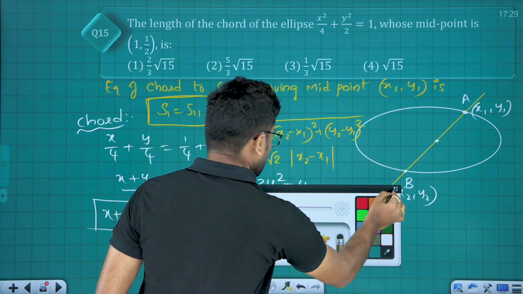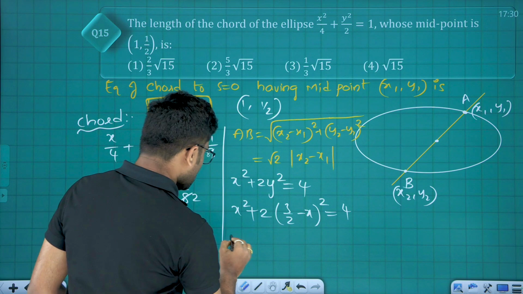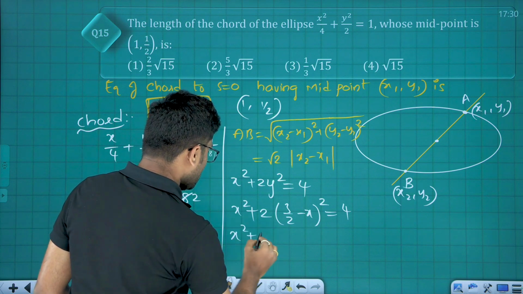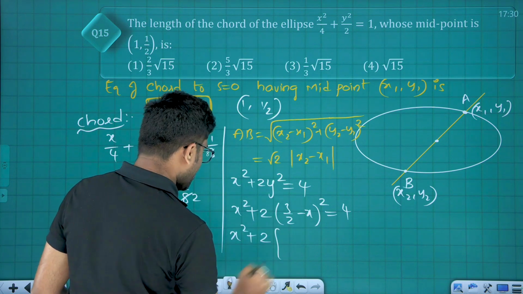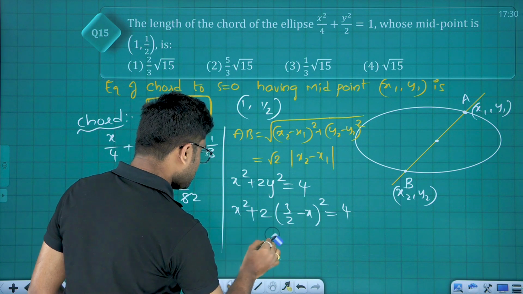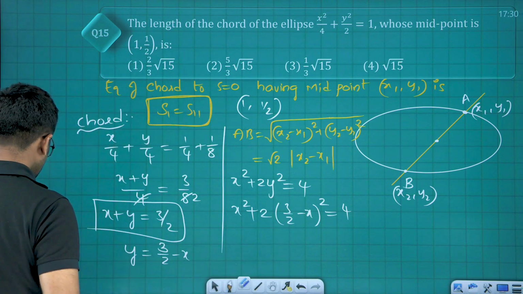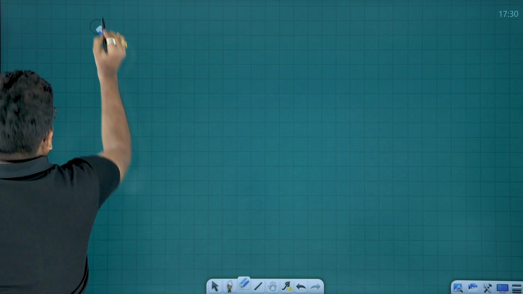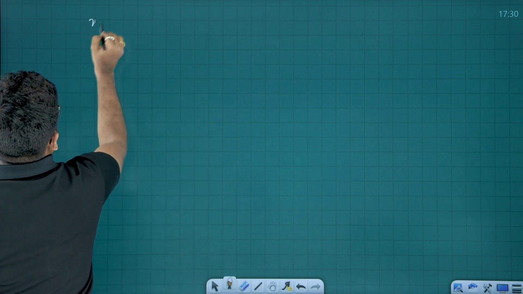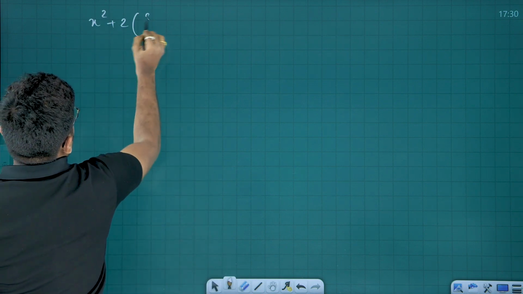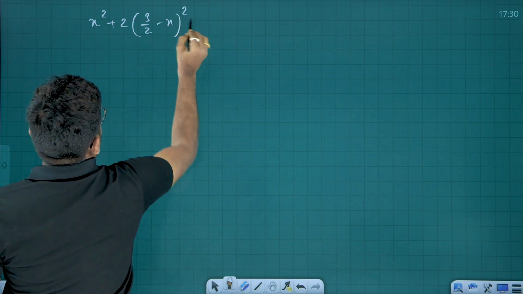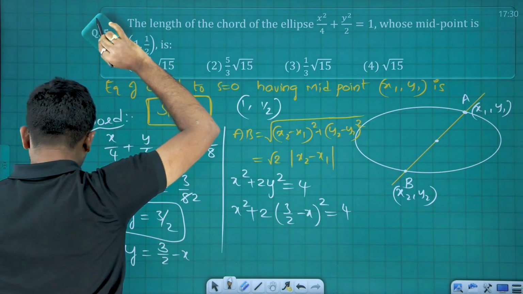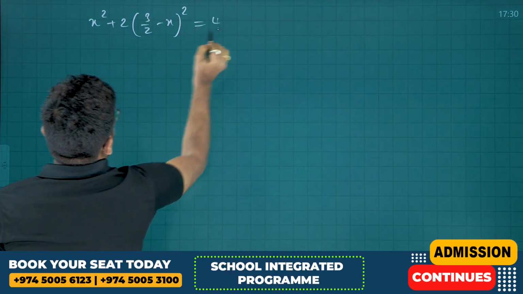x square plus 2 times (3 by 2 minus x) whole square equals 4.